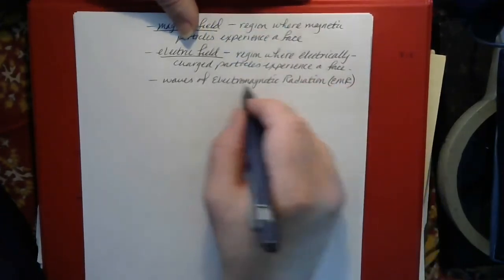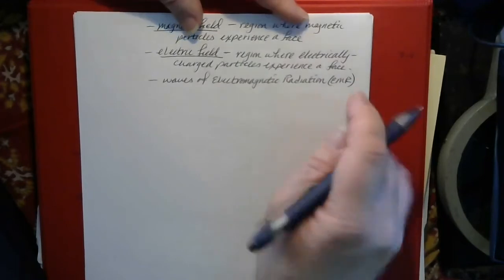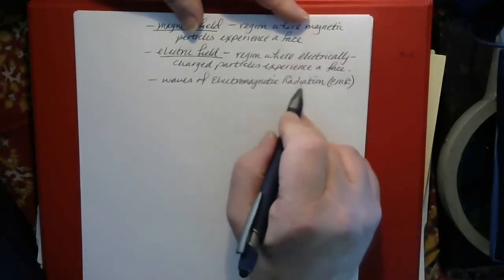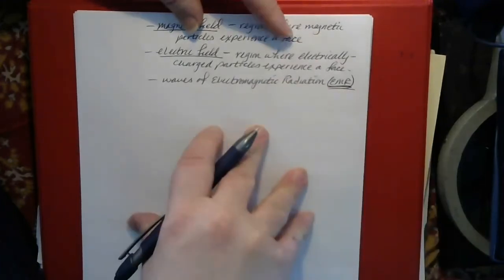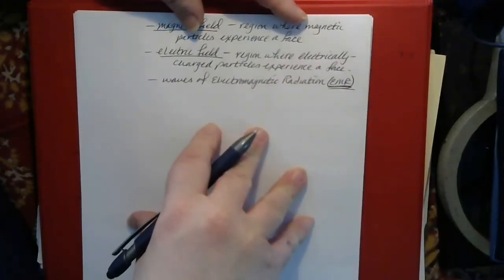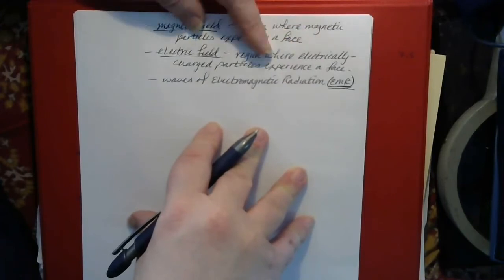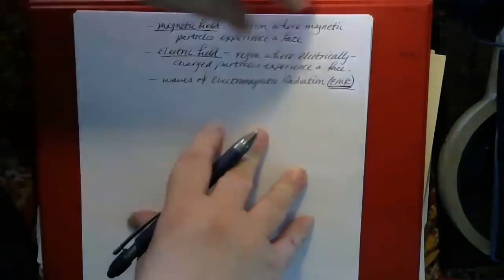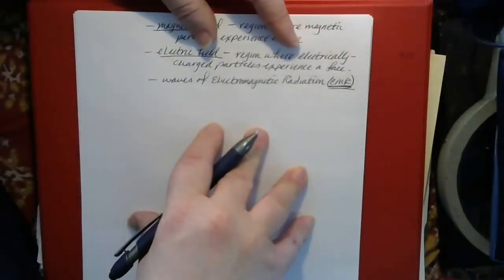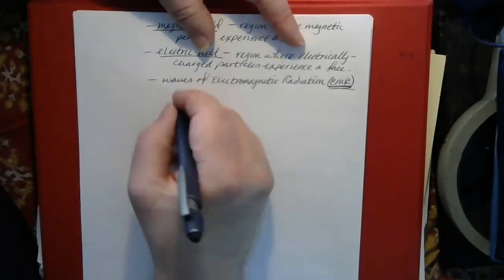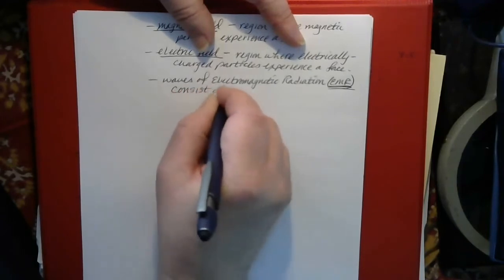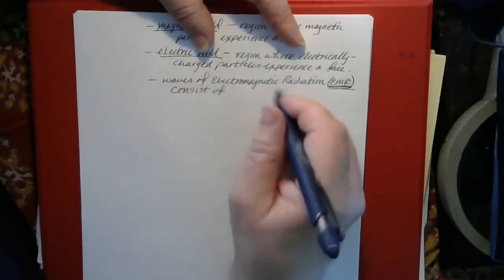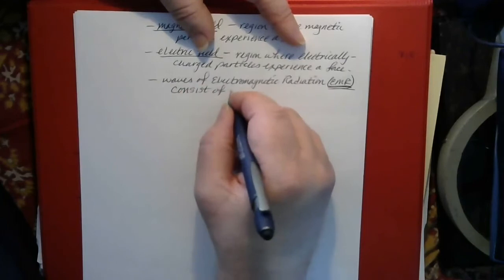And as it turns out, waves of electromagnetic radiation, which is kind of tedious to have to write over and over again, so I'm going to use an abbreviation from time to time, EMR for electromagnetic radiation, consist of perpendicular electric and magnetic fields.